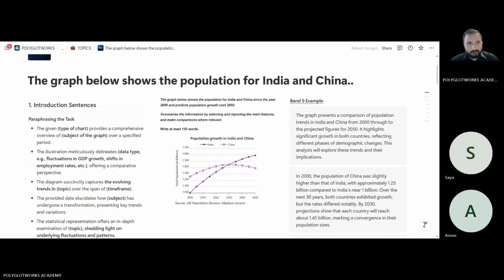Try. I need to do the introduction. Yes. The graph below demonstrates the change for India and China since the year 2000 and predicts population growth until 2025.